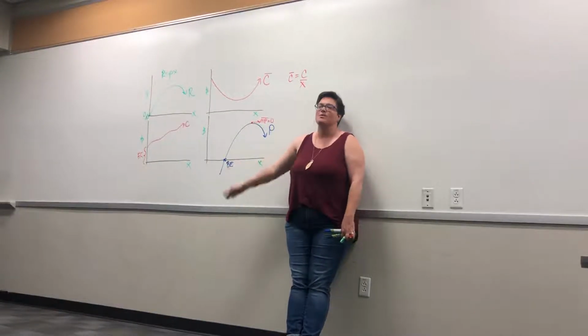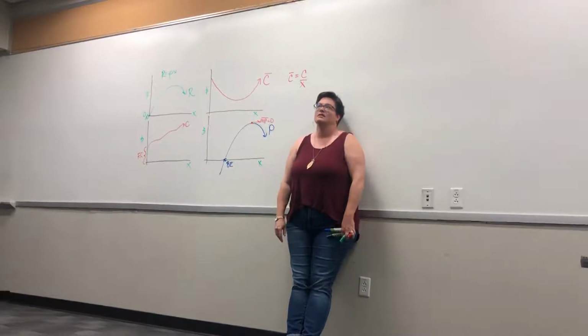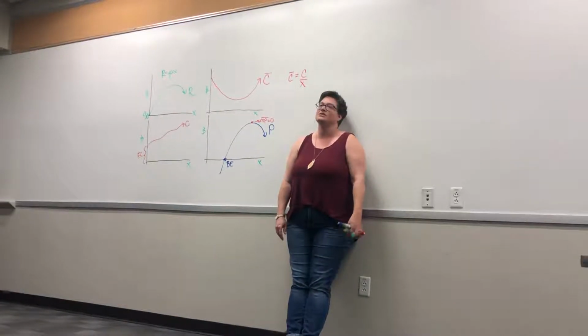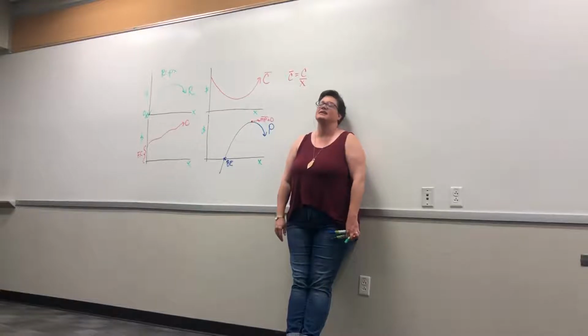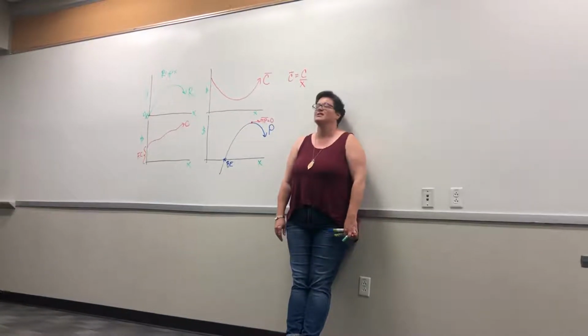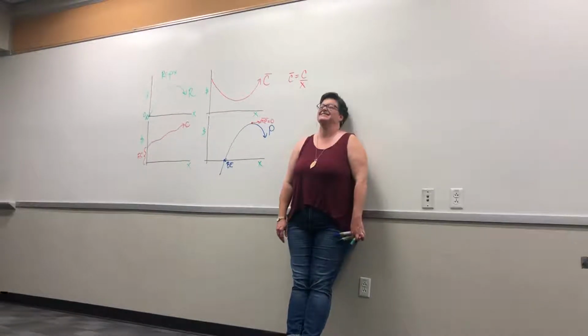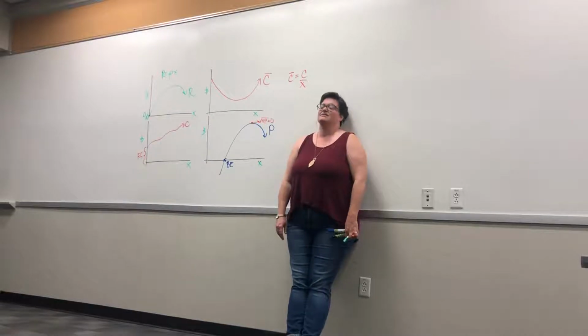How did I maximize profit? I took the derivative. I set it equal to 0, and then I solved for x, and then I took the x and I plugged it into the original function. It's the same thing, guys.